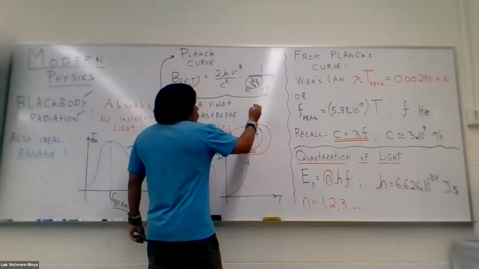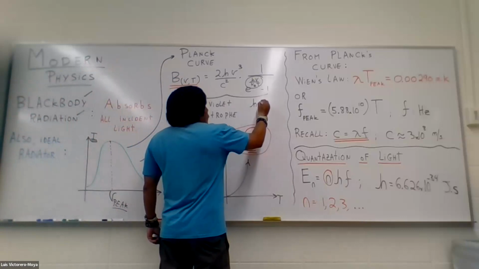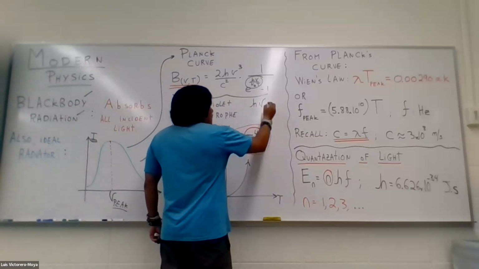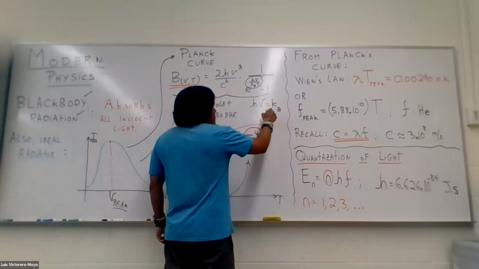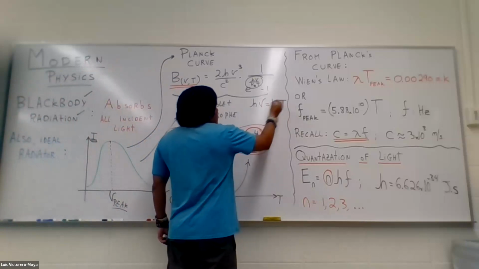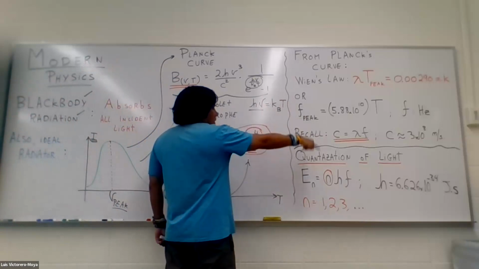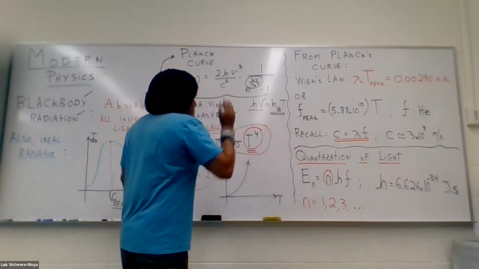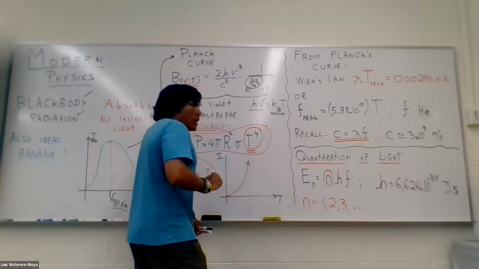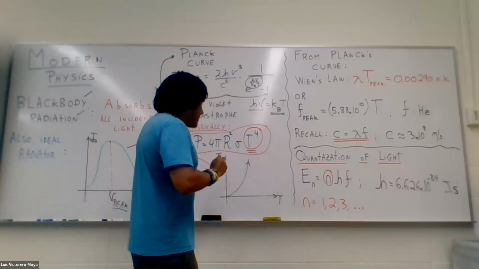So when h times frequency is equal to the Boltzmann constant times temperature, you should know this because this equation here is energy, as we will see here, and this is also energy. You probably remember this from the kinetic theory of gases.